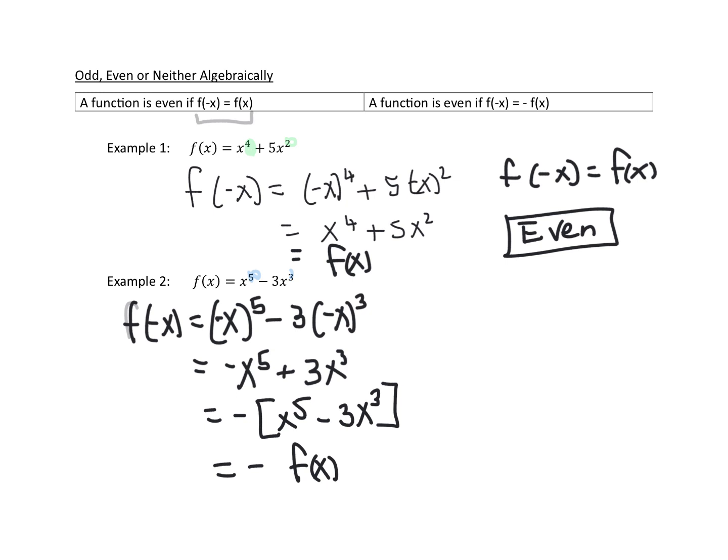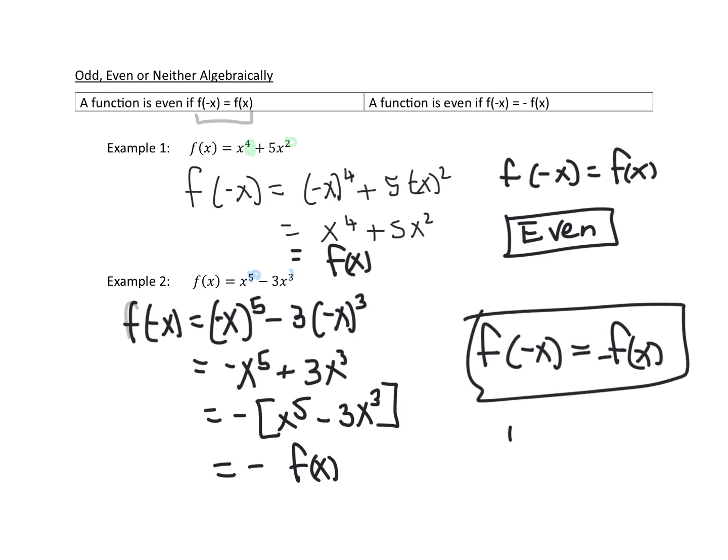Okay, so I have shown that f of -x is the same as -f of x, which is the definition of an odd function. So I know this one is odd.